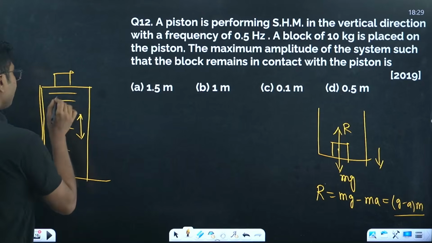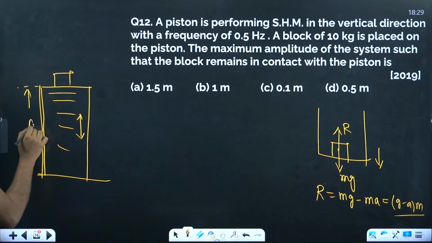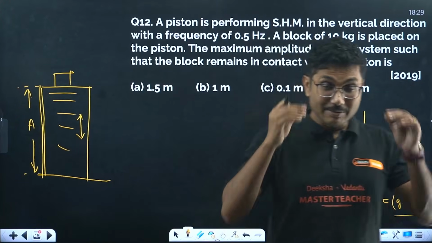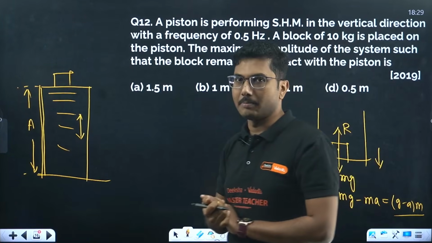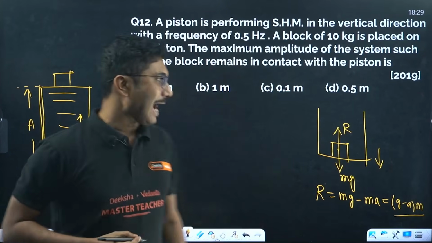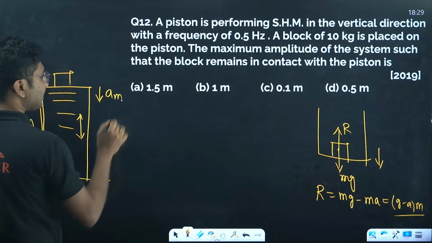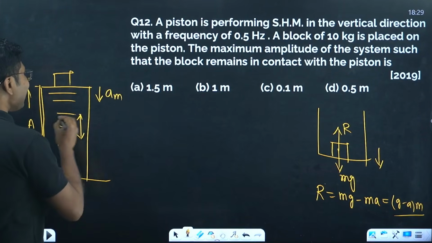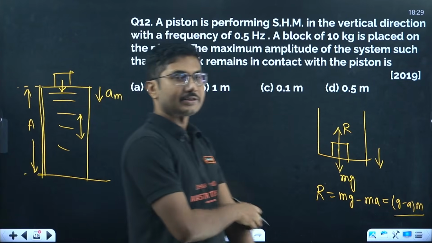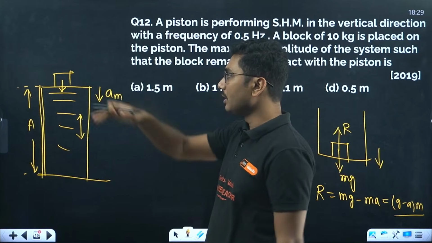Now at the extreme position, when the amplitude is equal to a, so suppose this is the amplitude. At this extreme position, when the piston is at its extreme position, the acceleration becomes maximum. If the maximum acceleration of the piston is exactly equal to gravitational acceleration, then the object will stay with the piston.